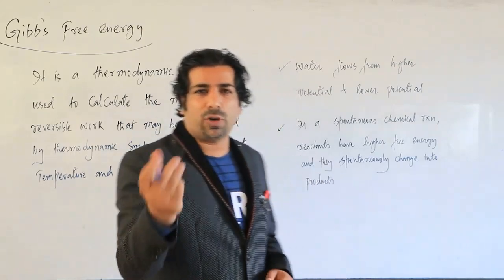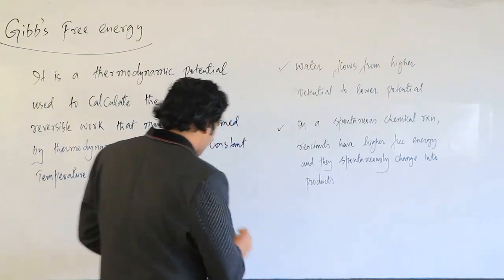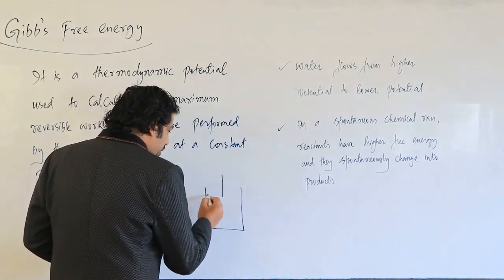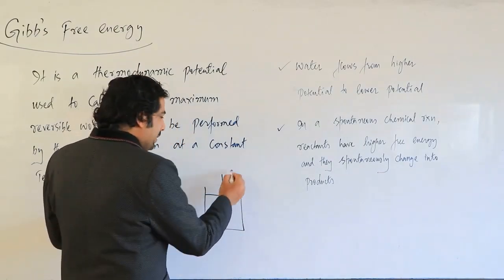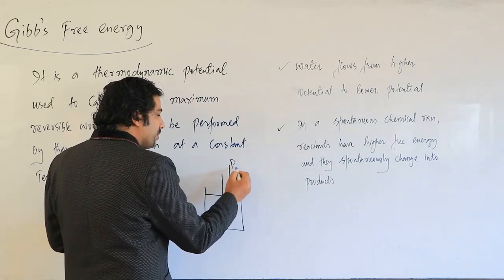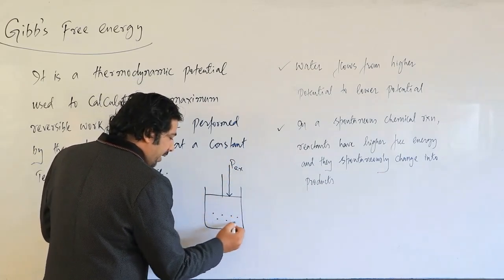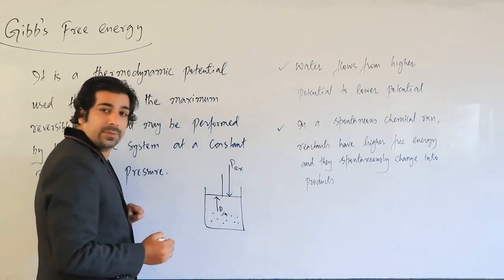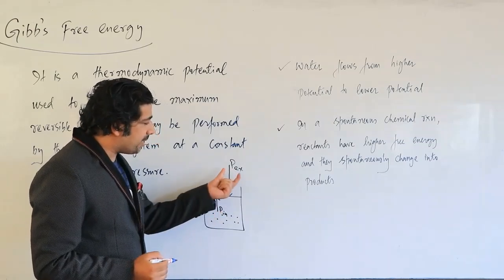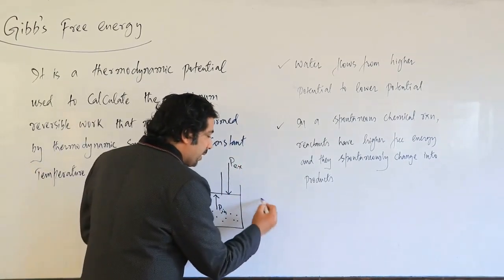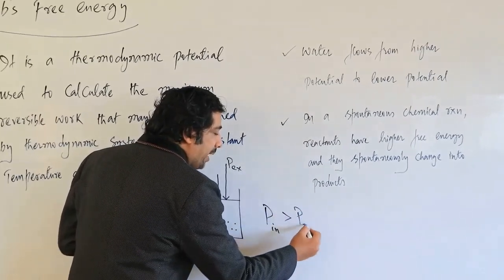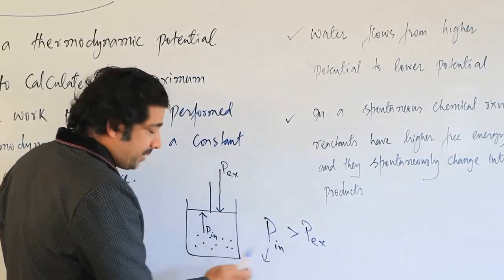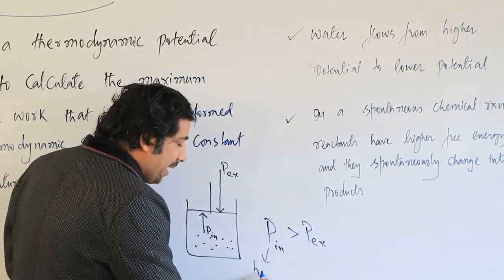If we talk about a thermodynamic system, look here, my dear friends. If I take one cylinder and one piston, and let us suppose this is the external pressure and here we have gas, and the pressure due to the gas is the internal pressure. If the internal pressure of the gas is more than the external pressure, let us suppose P internal is greater than P external, which means the gas present in the cylinder has higher free energy.